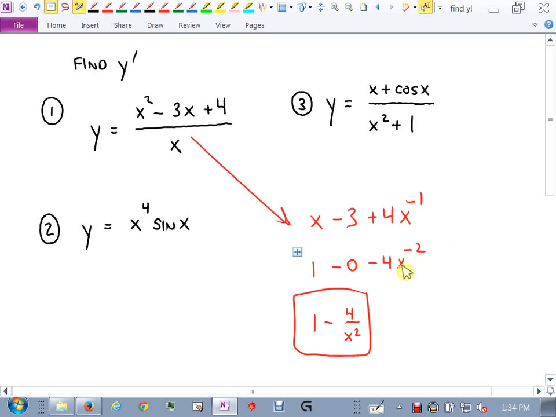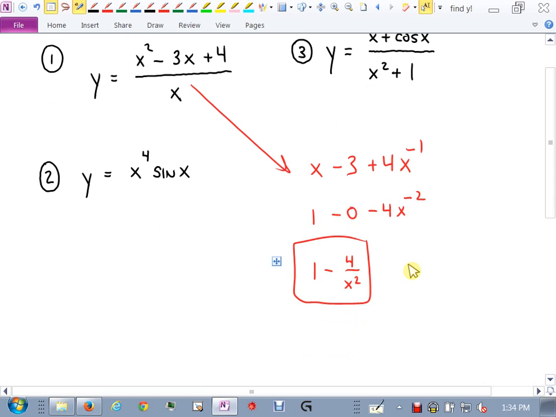You could have also used the quotient rule. If you did quotient rule, you would have the derivative of the top times the bottom minus the derivative of the bottom times the top, all over the bottom squared. I would take that also.